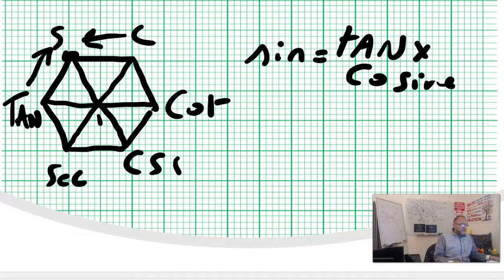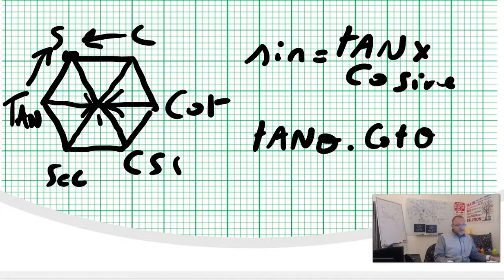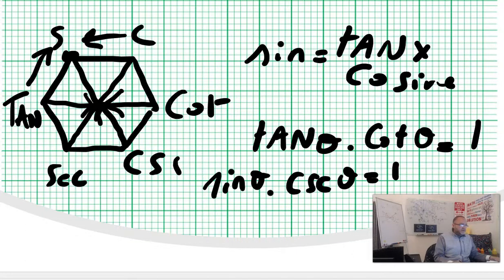And then if you want to come to the one in the middle like this, you can say tangent theta times cotangent theta equals 1. Or you can say sine theta times cosecant theta equals 1. Look, 1 is in the middle of them right there.